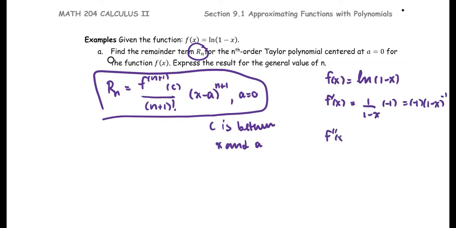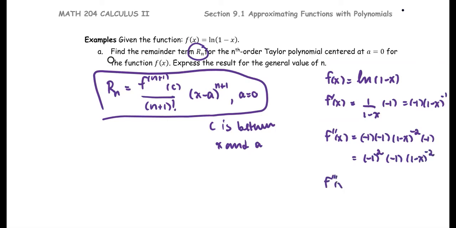The second derivative is negative 1 multiplied by negative 1 multiplied by 1 minus x to the power negative second multiplied by negative 1, by using the chain rule. Or we can rewrite it as negative 1 to the power second multiplied by negative 1 times 1 minus x to the power negative second.